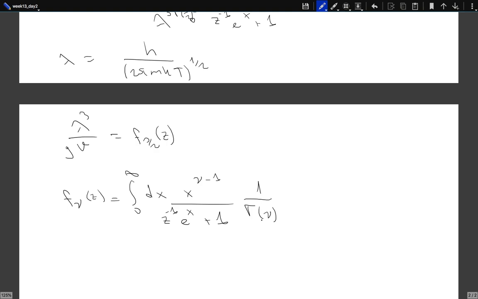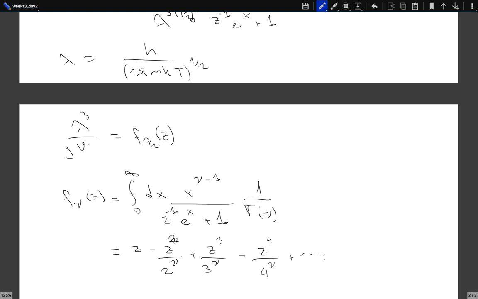And, okay, for small z, we can make an expansion, and if you make an expansion of this, this just turns out to be z minus z squared over 2 to the power nu plus z cubed divided by 3 to the power nu minus z to the 4 divided by 4 to the power nu, etc. Well, almost like the expansion of the g function, the only difference being this alternating sign.